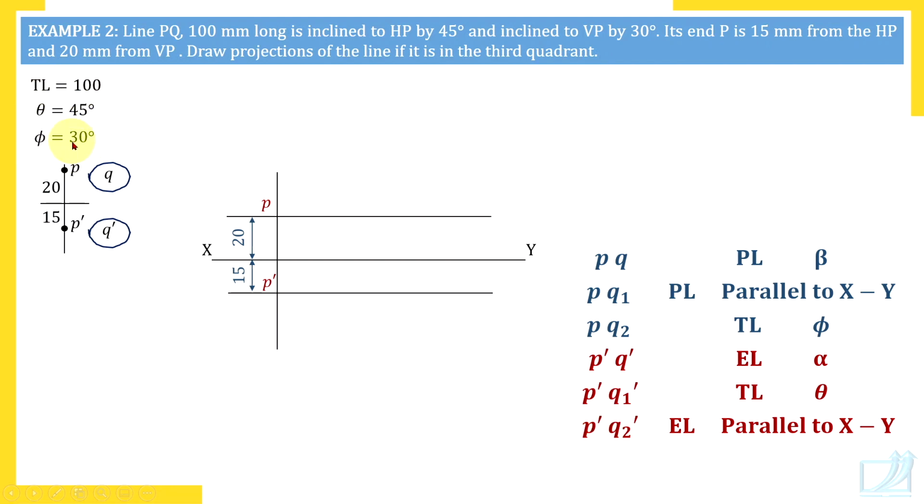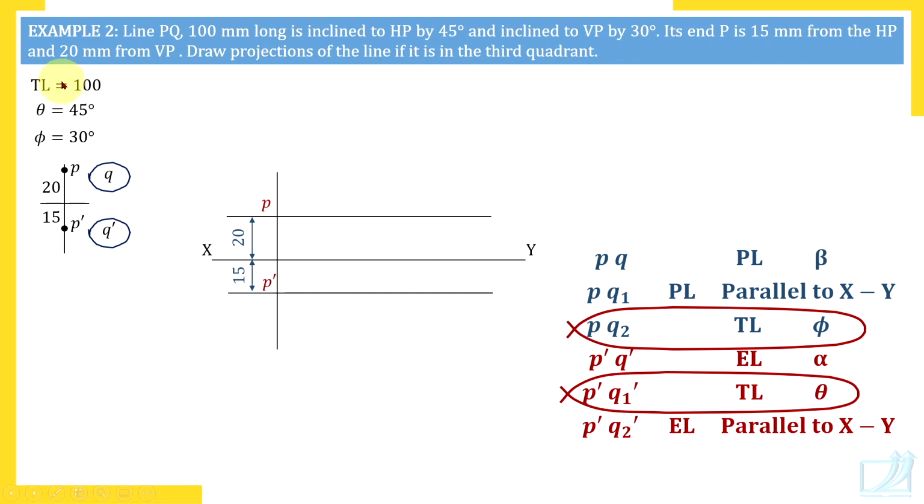So this is the data. Out of the 6 views, which view will you be able to draw? Let's check it. TL and phi, true length and phi, you know. That means you can draw PQ2 directly by measurements. Also, true length and theta given. That means P dash Q1 dash also you will be able to draw directly by measurement.